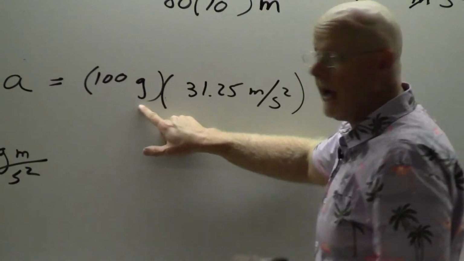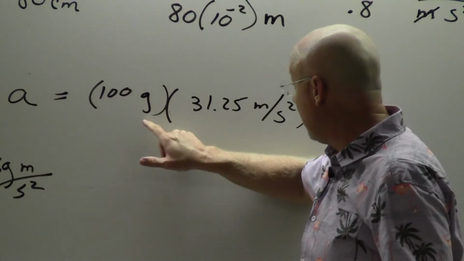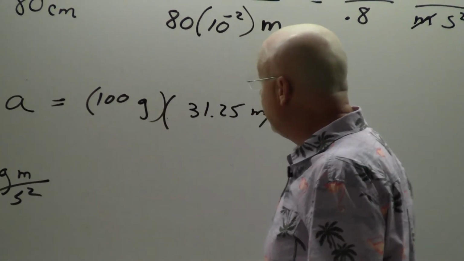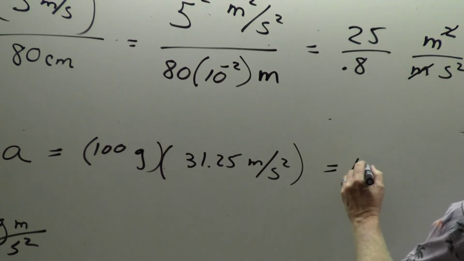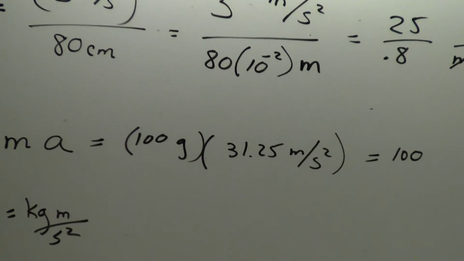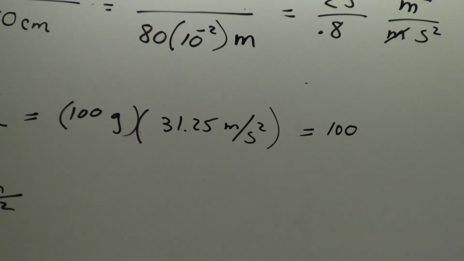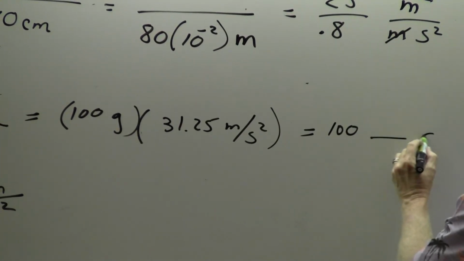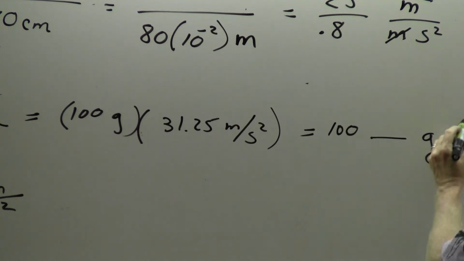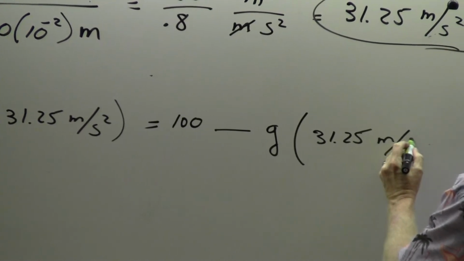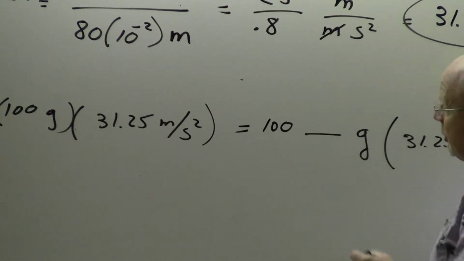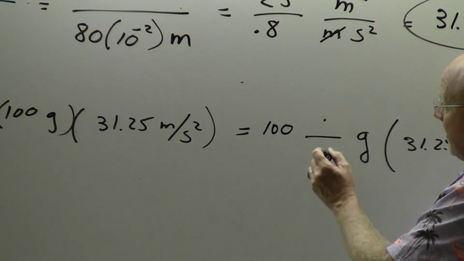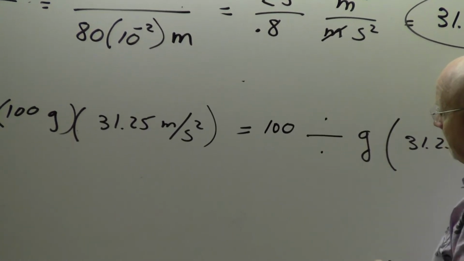I gave it in grams, so we've got to go back to chapter 1 and be careful with our units here. So I want to convert this into kilograms. Maybe the way to do this, watch this little trick. There's my gram. There's my 31.25 meters per second squared. If I put something that has the same thing in the top and the bottom, that doesn't change anything.